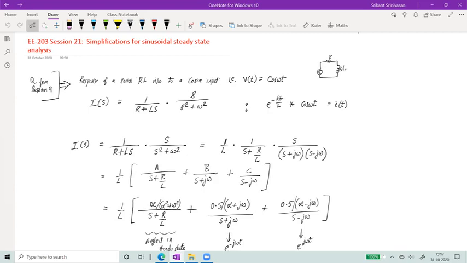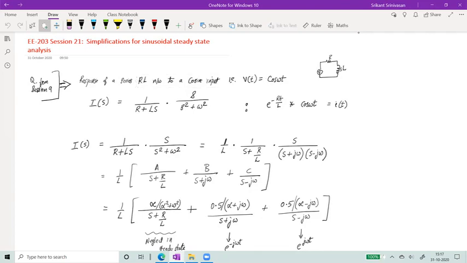Recall that in the earlier session, session 9, we had talked about finding the response of a series RL network to a cosine input. Now that you have given your midterm exams, I'm sure you're quite comfortable with this.